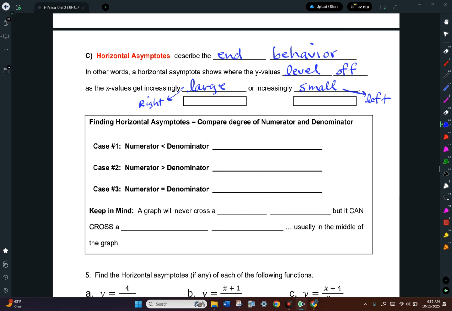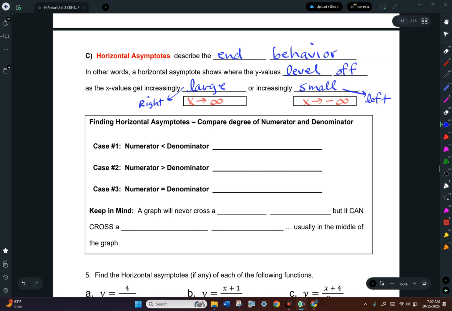But again, you're going out to the ends of the graph. And the way we tend to write the notation, as x values go out to the far right, we say x approaches positive infinity, or as you look out to the far left, we say x approaches negative infinity. It's just a notation to say go to the right or go to the left.